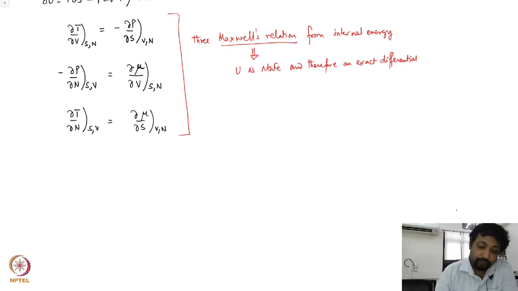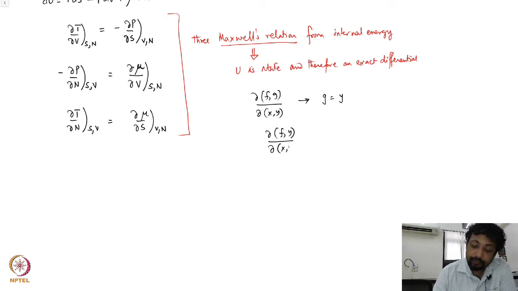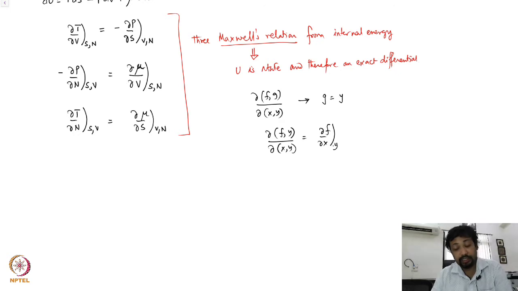When we did Jacobians, we had del f comma g, del x comma y, and if I substitute g equal to y, then it follows that del f comma y, del x comma y is equal to del f, del x, y held constant.